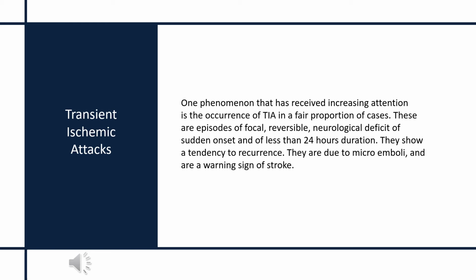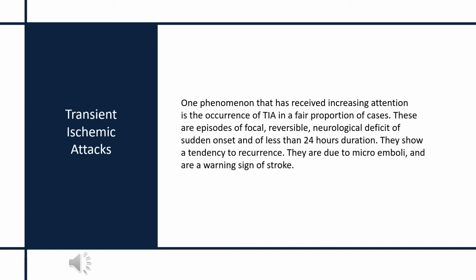So we did talk about transient ischemic attacks in the definition of strokes, and we said that strokes are those which last longer than 24 hours. If such an event which results in neurological deficit lasts less than 24 hours, then it is labeled as transient ischemic attack.